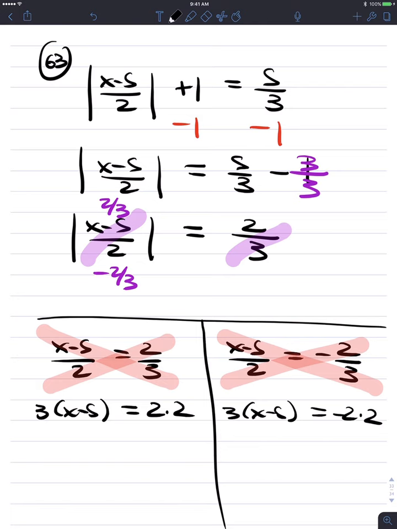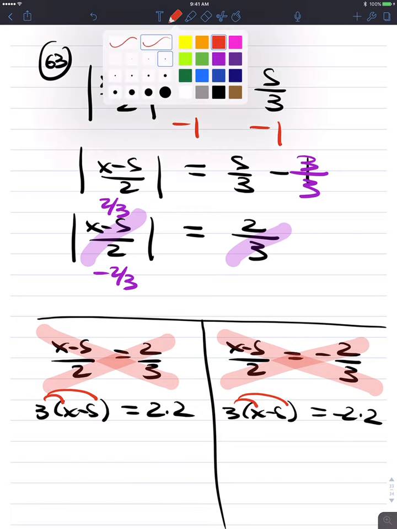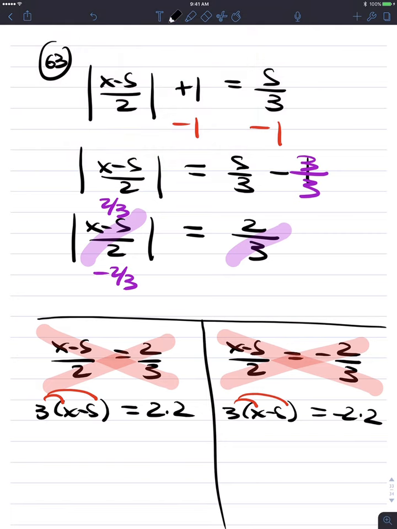Now notice here, we're going to get rid of the parentheses by distributing that 3. 3x minus 15 will be 4, or 3x minus 15 will be negative 4.